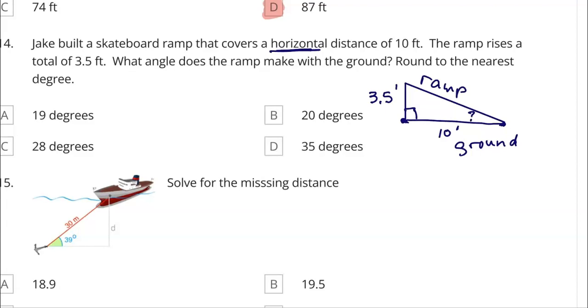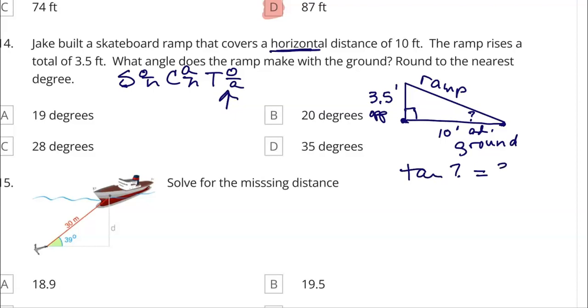So I have the opposite and I have the adjacent. SOHCAHTOA tells us if we have opposite and adjacent, we're going to use tan. So tan of question mark equals 3.5 over 10. To get your angle, you're going to say tan to the negative 1 of 3.5 over 10.